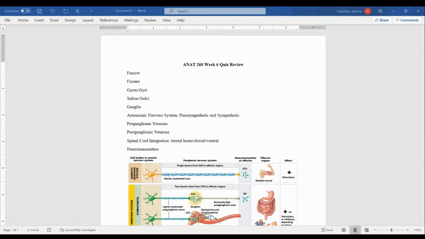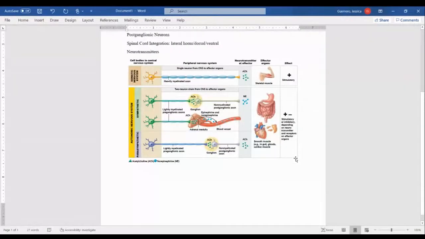You need to know the divisions of the brain and the developmental aspects. So I do have another diagram that I think may be beneficial. I'm getting this diagram from the central nervous system notes.